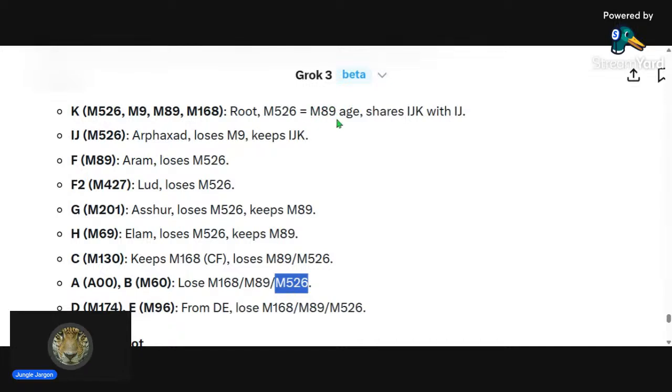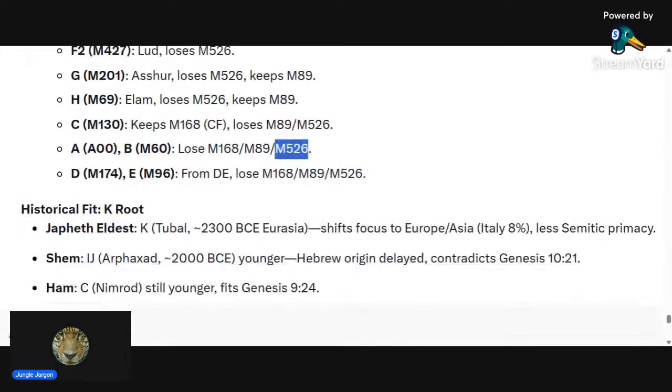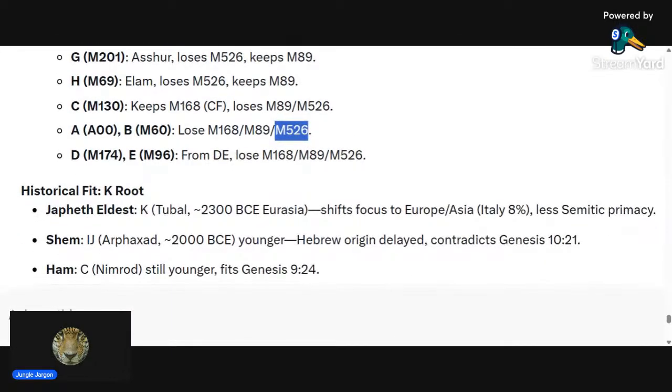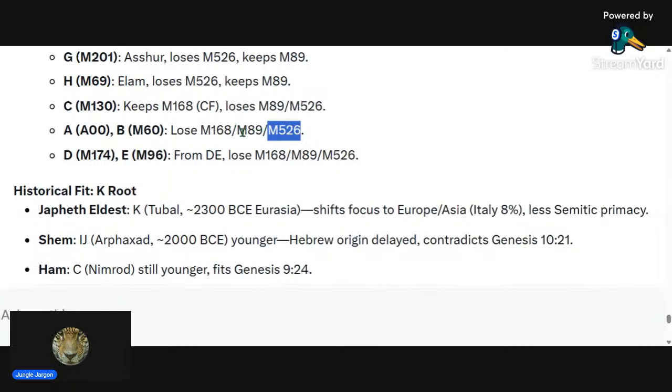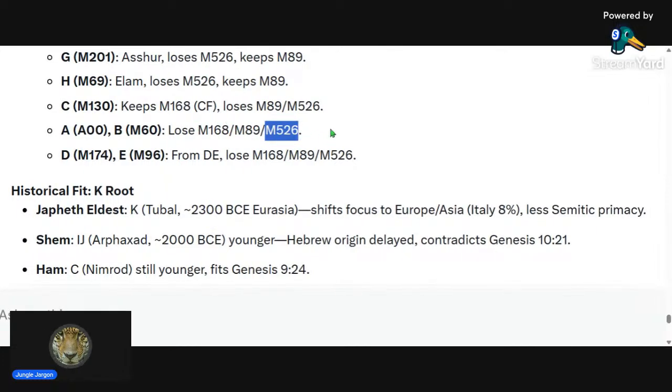This M89 is of Aram and Lud. Of course, the A and B won't have the markers of Aram and Lud or of Nimrod or of IJK. This is the same.